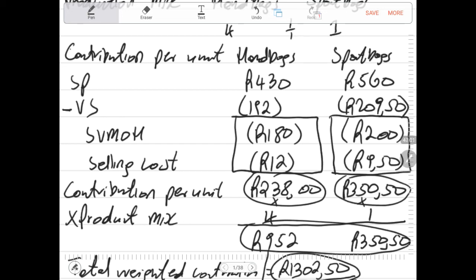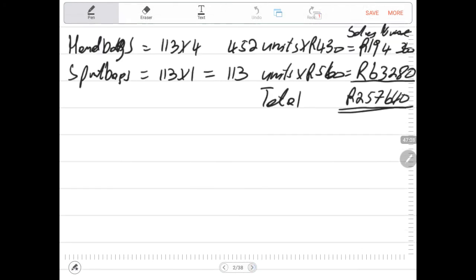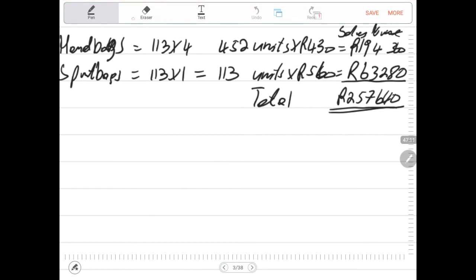So when we reach here, we would multiply by the contribution, not the selling price. And if the requirement was to calculate break-even units, we would just stop here and not do anything. But because we are required to calculate the break-even point sales value, now we need to multiply by the selling price.